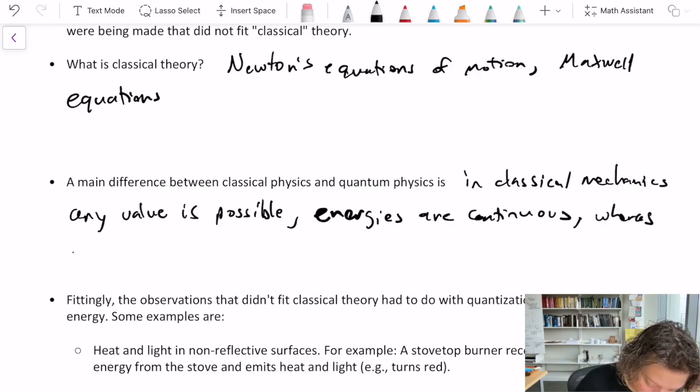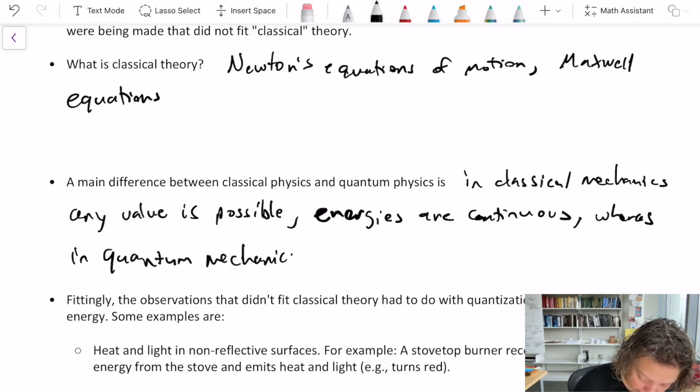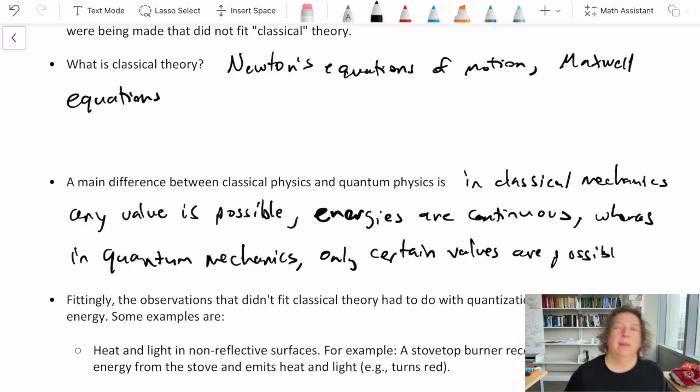Whereas in quantum mechanics, only certain values are possible. Think about the energy levels for the electrons within an atom. There are only certain possible values. An electron doesn't have a continuous energy range.